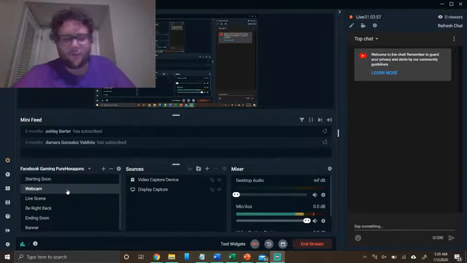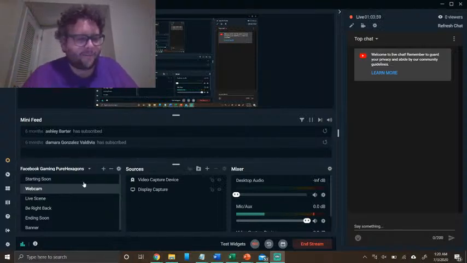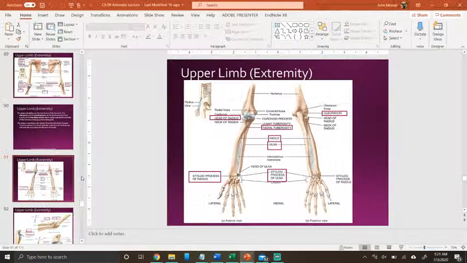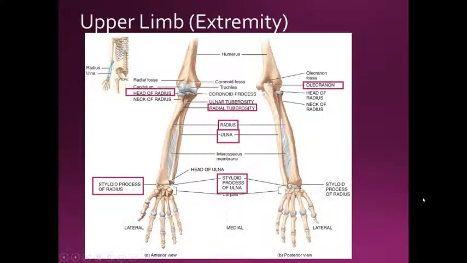I'm watching myself on webcam. It's a little disorienting. Sorry about that. All right, good. So I don't expect everyone to know that. I don't expect every human being alive to know that. But people who have been through anatomy and physiology, I expect to know that. And people who have found jobs working for the health and fitness company Fitbit, I definitely expect them to know where the wrist bones are.